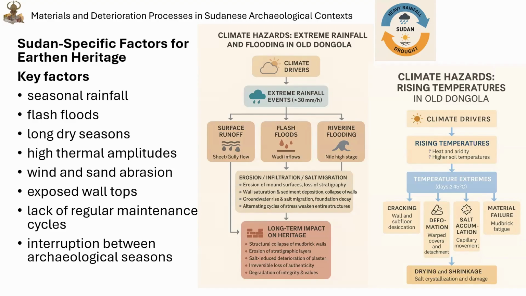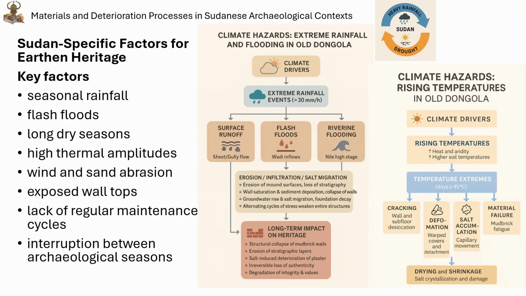Long dry seasons contribute to shrinkage, salt accumulation, and surface fragility. And these high thermal amplitudes may stress exposed surfaces. Also, wind and sand abrasion affect unprotected materials, and the key issue is interruption in maintenance.